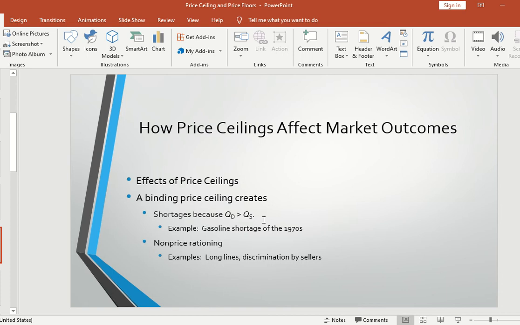In the 1970s, a price ceiling was set on gasoline, and what we see here is long lines in front of gas stations to fill the tanks. There's simply not enough gasoline in the market, because a binding price ceiling can create shortages. There are also some side effects of a price ceiling.